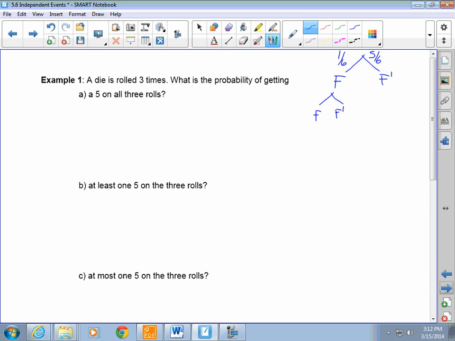Well, it's not dependent on what happened the first time, so that means you have a 1 in 6 chance of getting a 5 on that second roll, and a 5 in 6 chance of not getting a 5. If your first roll wasn't a 5, then on your second roll, you have a 1 in 6 chance of getting a 5, and a 5 out of 6 chance of not getting a 5.